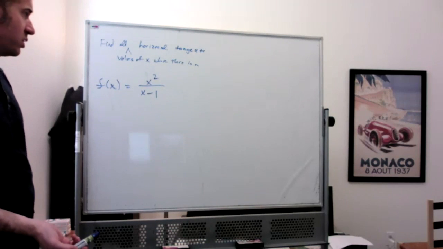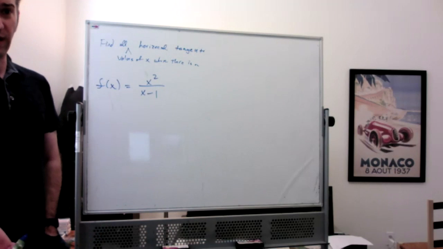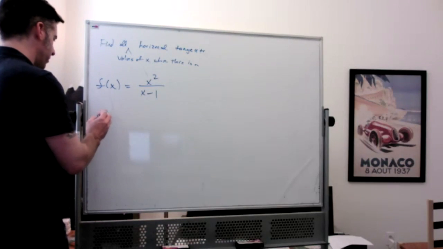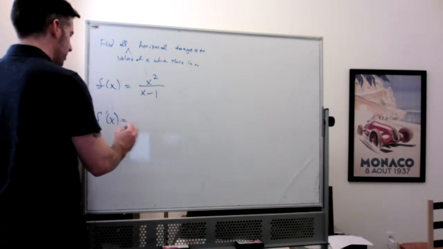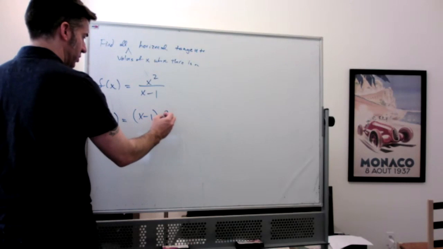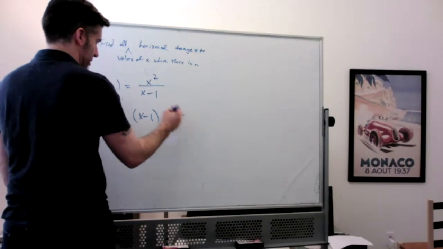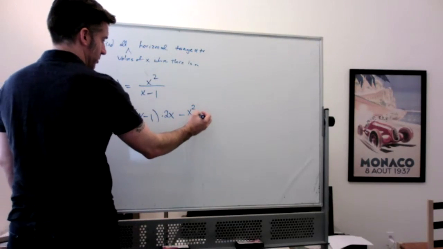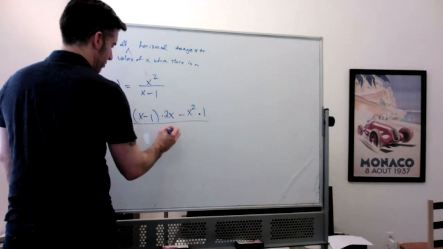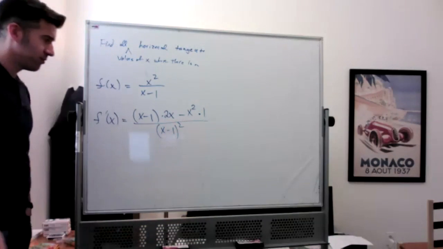Fairly straightforward looking function. Let's figure out where we've got some horizontal tangent lines. So I'm going to take the derivative. It's going to be the bottom times the derivative of the top, which is 2x, minus the top times the derivative of the bottom, which is 1, all over the bottom squared.